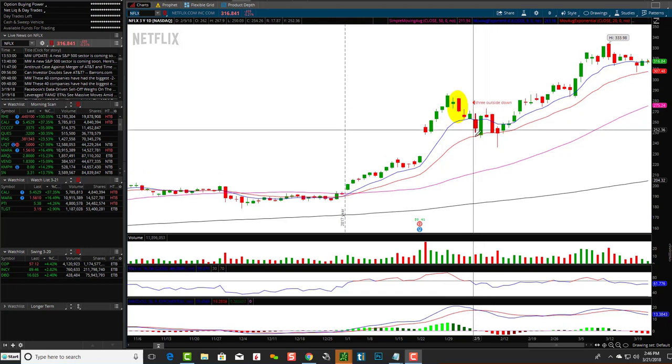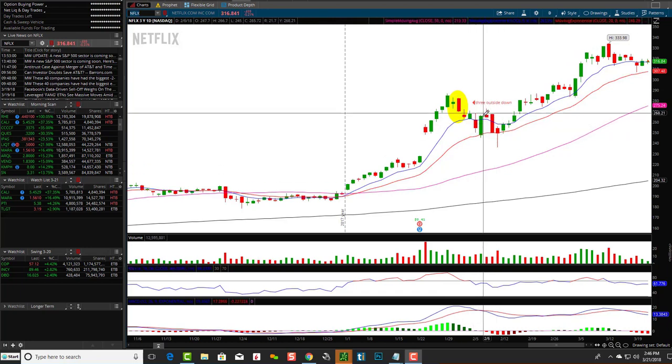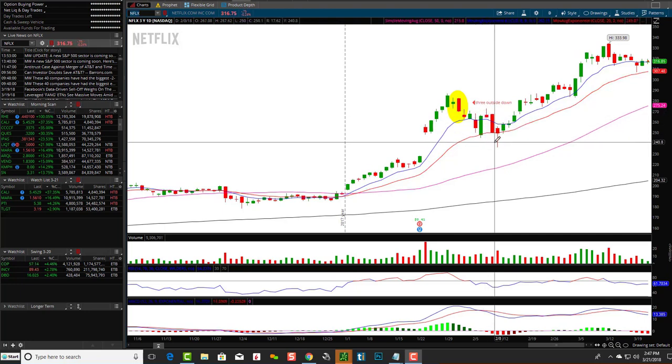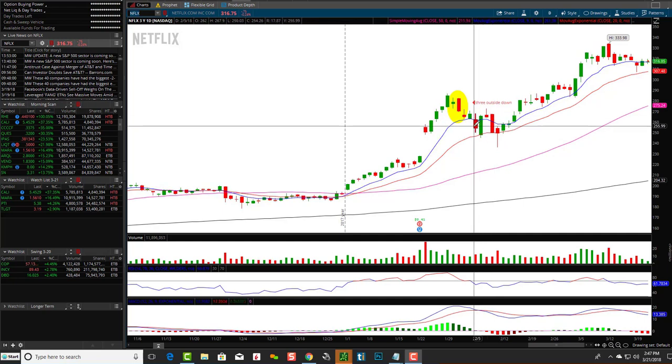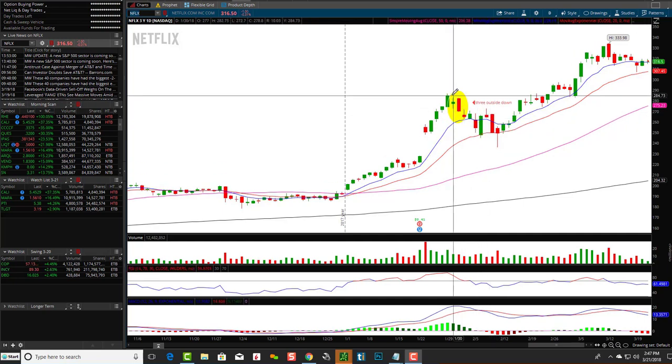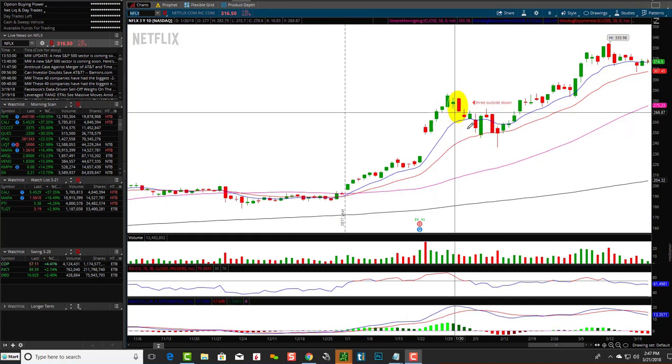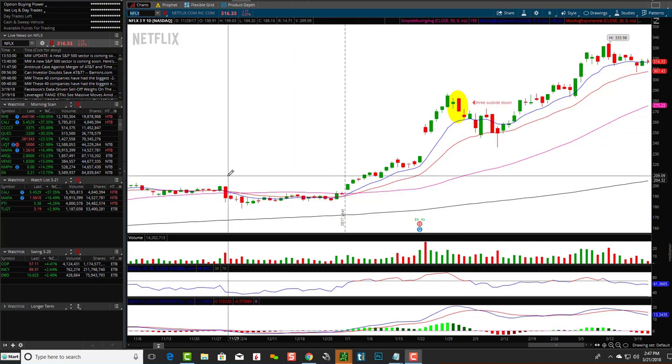You can see right here, this is kind of an evening star pattern. Green candlestick, doji or spinning top up top, and then boom, third candlestick fell down all around these moving average lines. See, reversal pattern at moving average lines, reversal pattern far away from moving average lines, right? Price wants to snap back to those moving average lines like a rubber band.